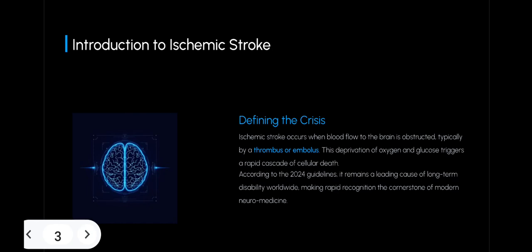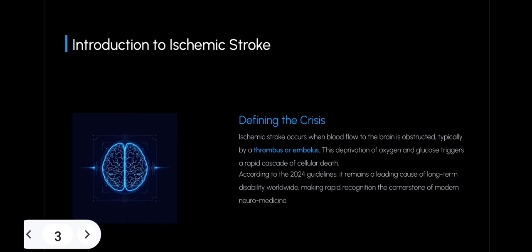Ischemic stroke occurs when the blood flow to the brain is obstructed, typically by a thrombus or embolus. The thrombus or embolus is a blood clot that can be formed by some means of blockage. This deprivation of oxygen and glucose triggers a rapid cascade of cellular death.